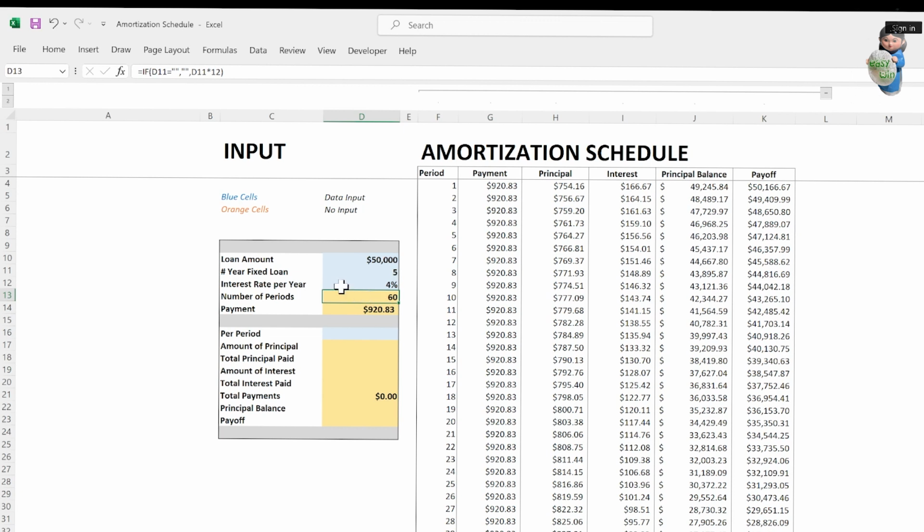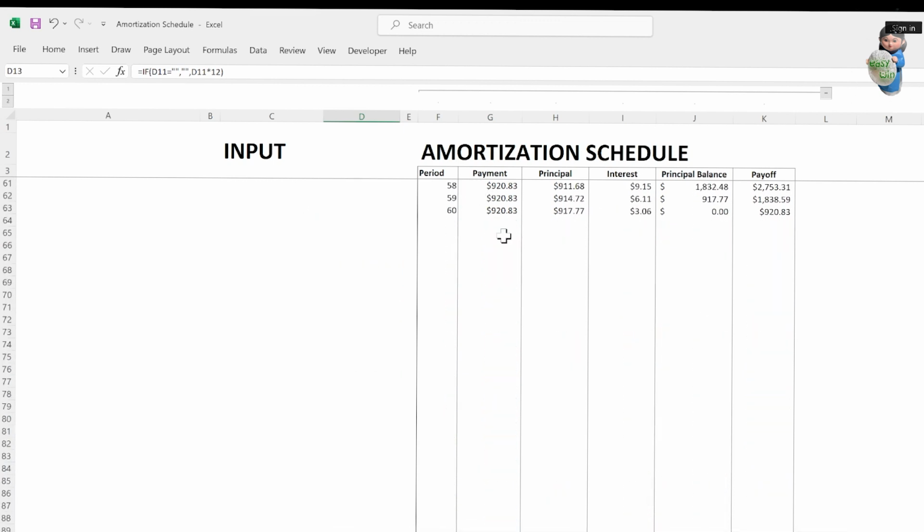So I can see that with 5-year terms, I have 60 payments, 60 periods, and my monthly payment is $920.83. So over here is the amortization schedule or the period 1 through 60.